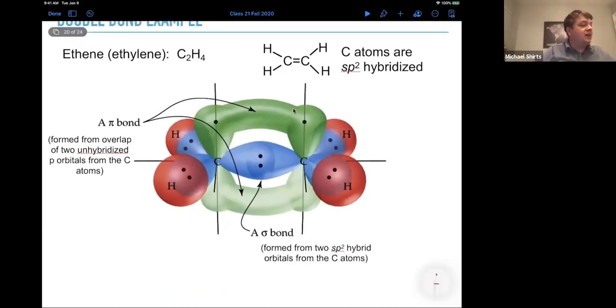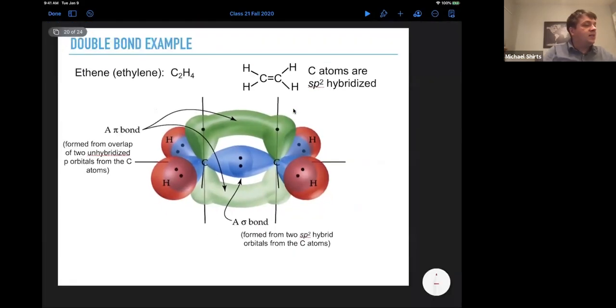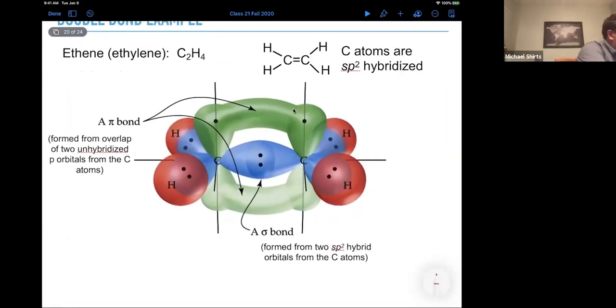If we look at the Lewis structure here, C2H4 will have a total of 4 plus 4 plus 4 electrons, four valence electrons from each atom group. So let's count them up: 1, 2, 3, 4, 5, 6, 7, 8, 9, 10, 11, 12. Those are all the 12 valence electrons, and as we can see from the Lewis structure, they're all occupied in some sort of a bond.